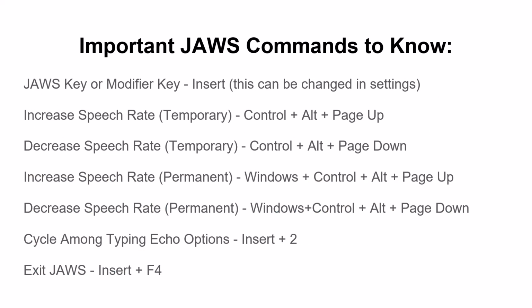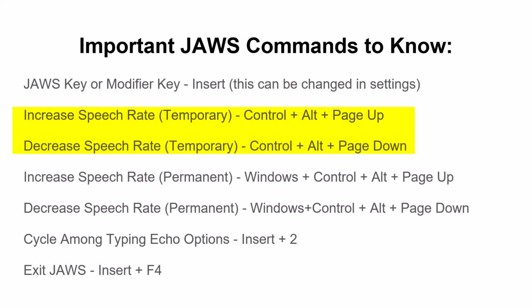Here are some important commands just to be aware of before we proceed as well. The JAWS key or the modifier key, as we have discussed, can be changed in the settings. It will be referred to in this presentation both as insert or as JAWS key. I refer to it as both. You can increase or decrease the speech rate of JAWS temporarily, just in case you want to hear a certain thing slower and then go back to your normal speed, or a certain thing faster and then go back to your normal speed.